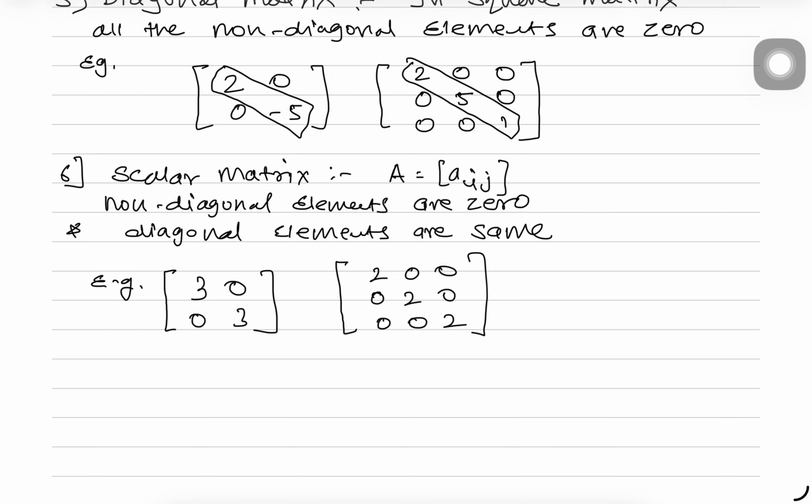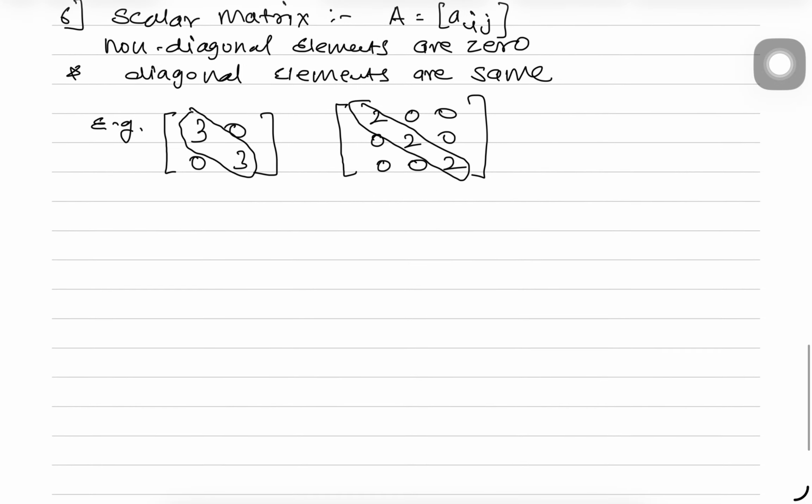Here the diagonal elements are equal and non-diagonal elements are 0. This is called a scalar matrix.